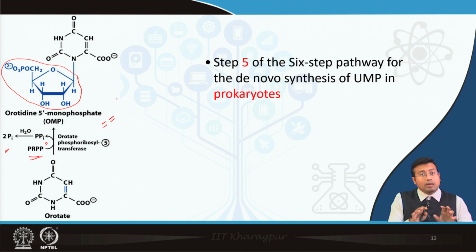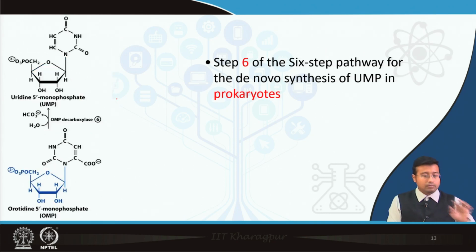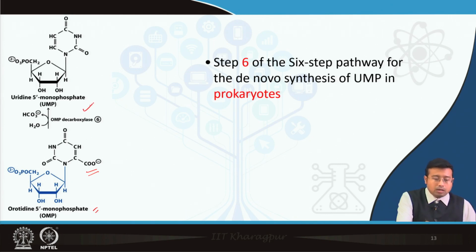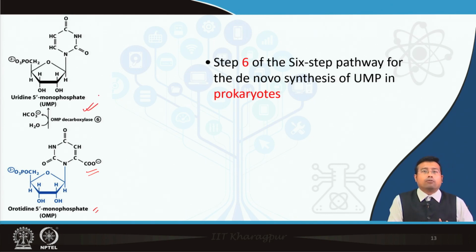Our main goal is that this pathway can only stop if we achieve any one of those 3. So this is the main final end product in a 6-step pathway, where OMP, by the action of a decarboxylase enzyme, simply has this carbon dioxide replaced by an oxo or keto group. It forms UMP, uridine monophosphate.